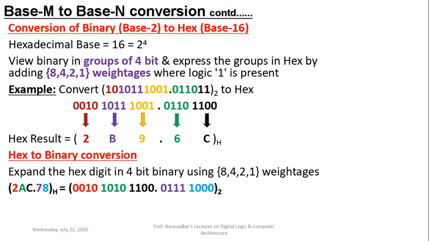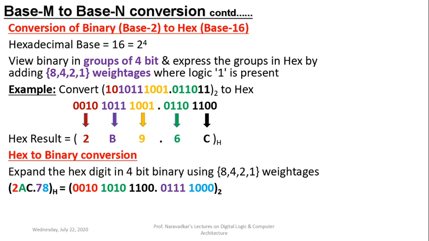Then A means decimal 10. And this particular 10 means 8 plus 2 is equal to 10. So within those weightages here, at 8 and 2, there should be 1.